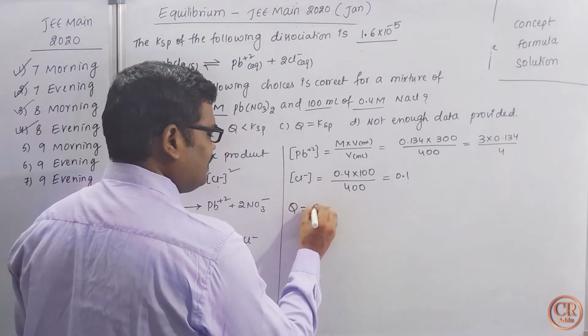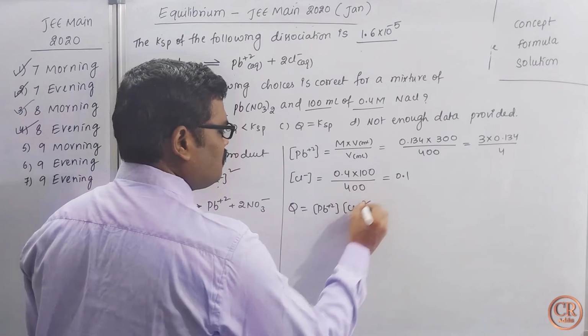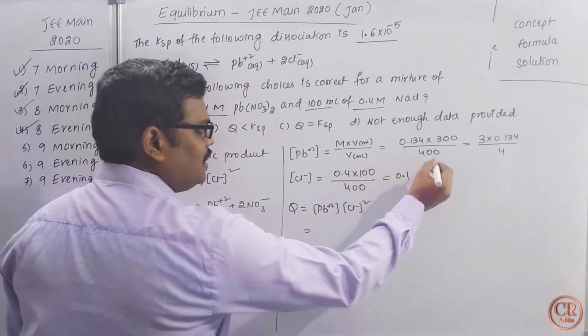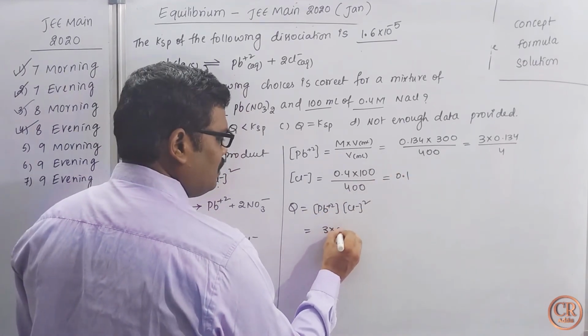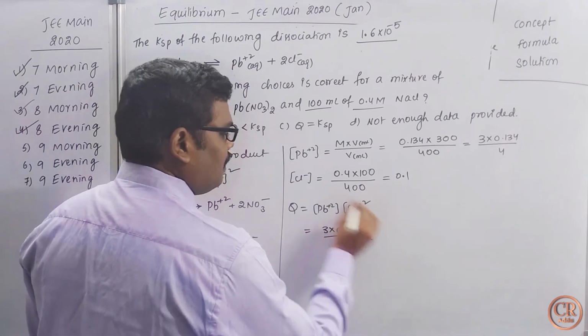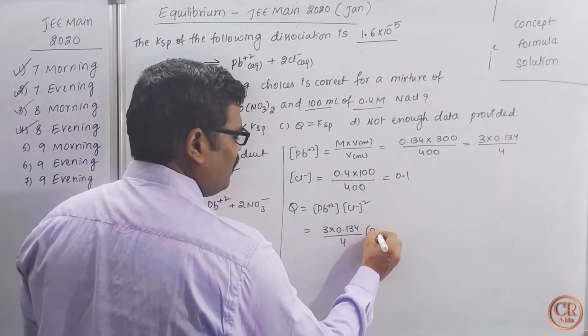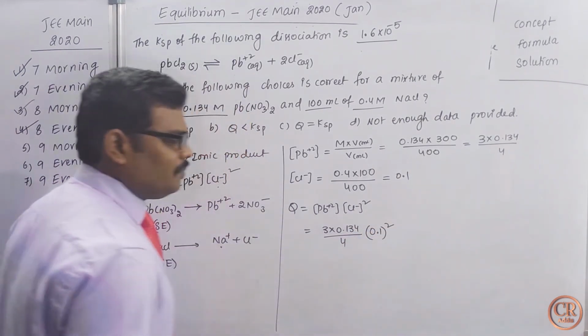Now Q is concentration of Pb plus 2 into Cl minus whole square. Now Pb concentration is 3 into 0.134 by 4 and concentration of Cl minus ion is 0.1 whole square.